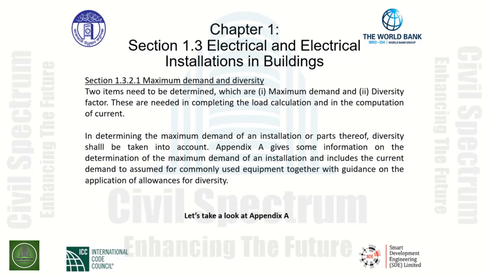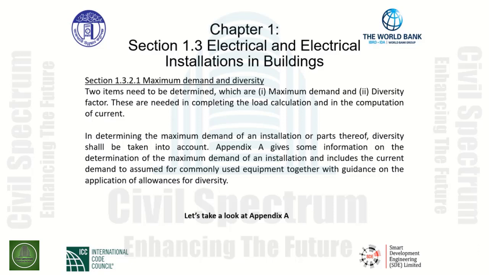Maximum demand and diversity is covered in section 1.3.2.1. 2 items need to be determined, which are 1, maximum demand, and 2, diversity factor. These are needed in completing the load calculation and in the computation of current.